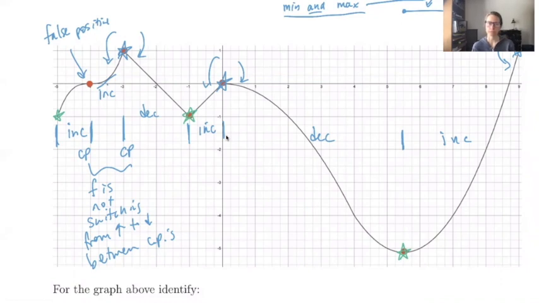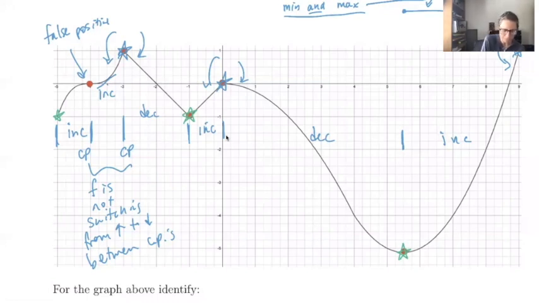Okay, take a look at every single maximum, and what's the function doing before and after the maximum? Before the maximum, the function is always increasing. And then if we're not at an endpoint, the function is always decreasing afterwards, right?